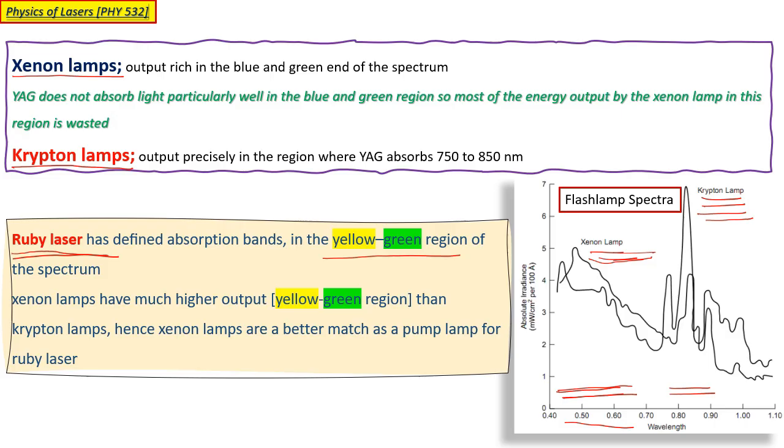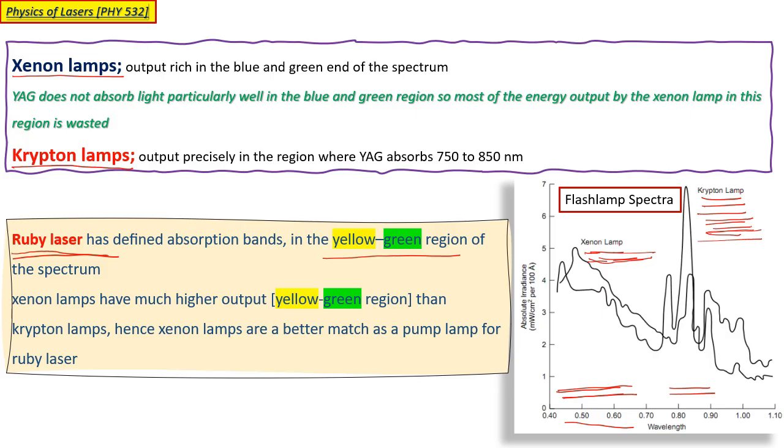So xenon lamp is very much suitable to pump the ruby laser, and krypton lamp is very much suitable to pump the YAG laser. The reason is the absorption band. The absorption band of the YAG laser is in the infrared region from 752 onward, and that is why krypton lamp is very much suitable.